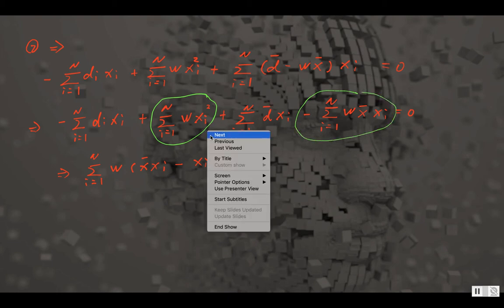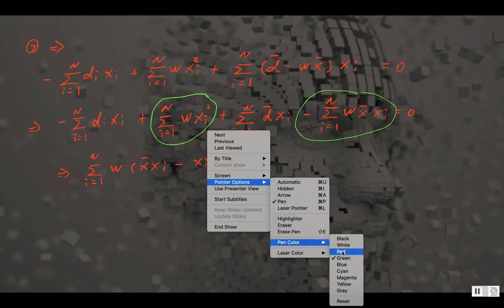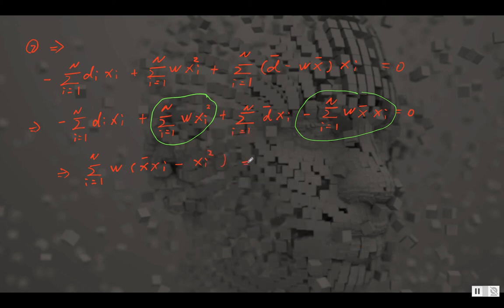So this one equal to, changing the color back, summation of d bar xi and minus summation i equal to 1 to n of di xi. We move this to the right side. So then we can get the w. We can move the w outside.